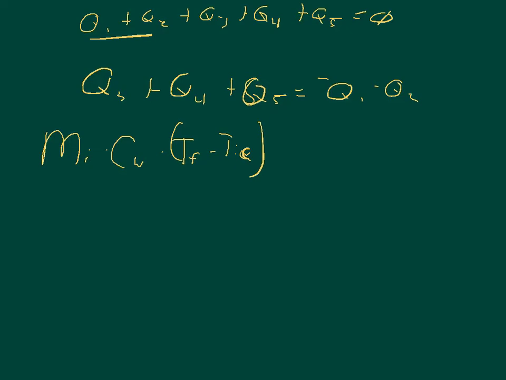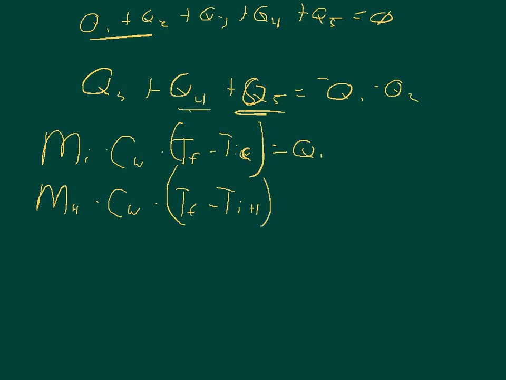And then Q4, so this is equal to Q3. So Q4 is the mass of the hot water times the specific heat of water times the final temperature of the system minus the initial temperature of the hot water. So the initial temperature of the hot water and the initial temperature of the hot copper were the same.